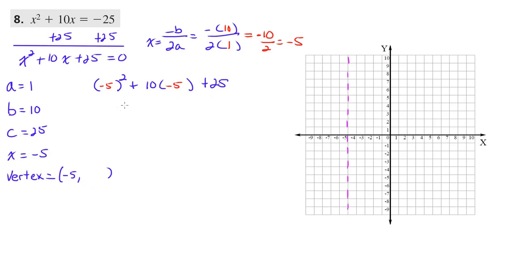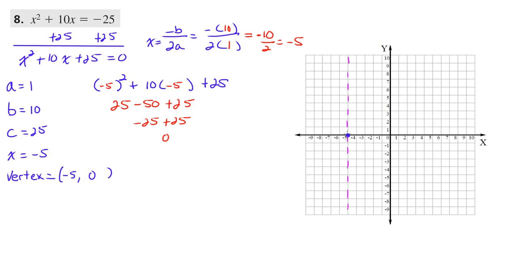So -5 squared is 25. 10 times -5 is -50. And we bring down this plus 25. 25 minus 50 is -25. And -25 plus 25 is 0. So our vertex is at the point -5, 0, which is right here.